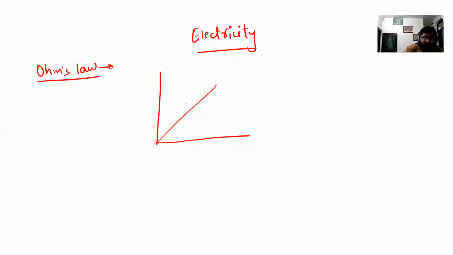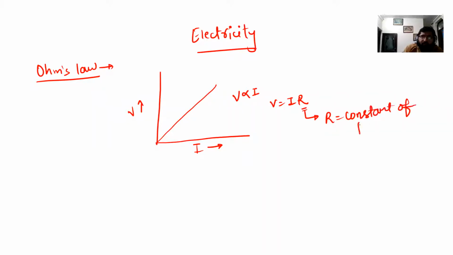If the voltage is on the y-axis and current on the x-axis, I can say that V is directly proportional to I, and V is I into R. This R is known as the constant of proportionality, and I can say that R is resistance to flow.